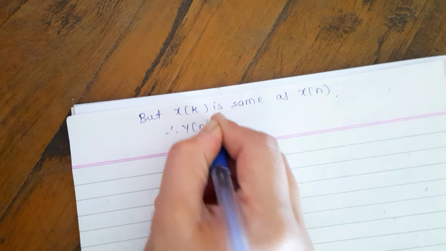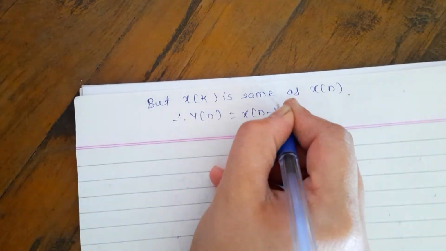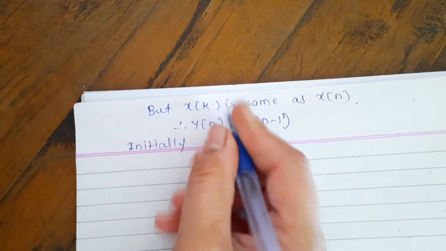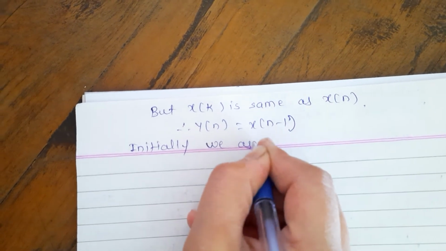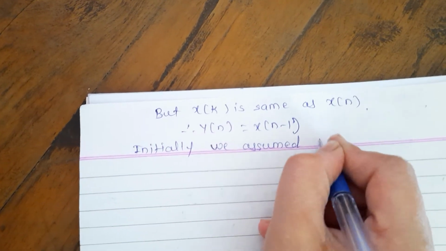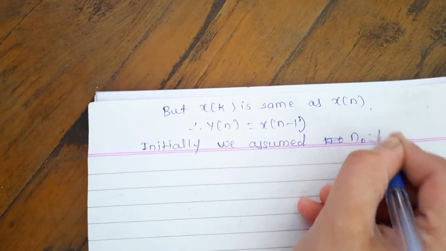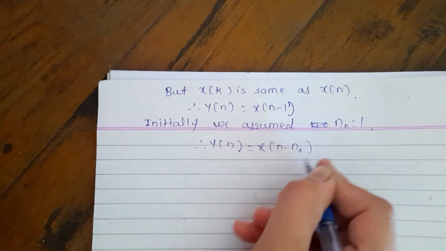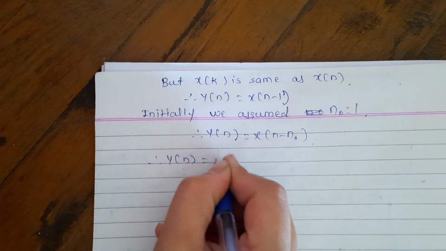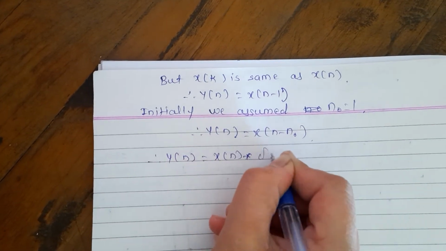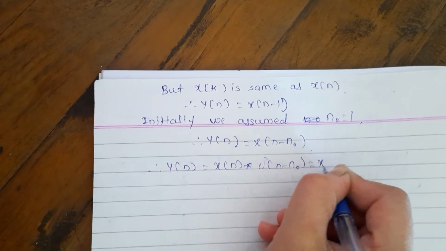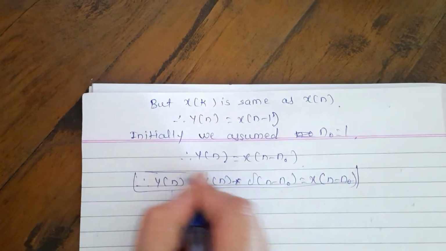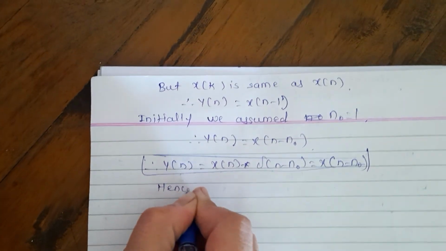So y of n is equal to x of n minus 1. Initially we assume n0 is equal to 1, so y of n is equal to x of n minus n0. Hence the equation is proved. So we write here hence it is proved.